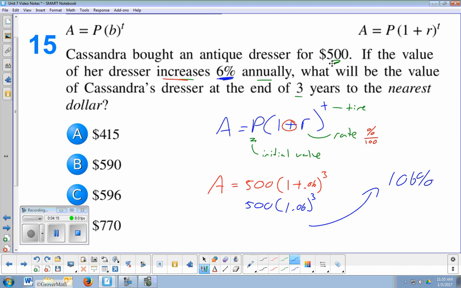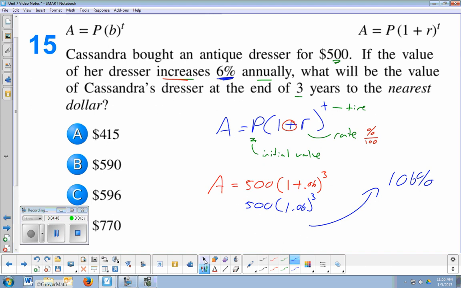If it was $500, 100% of that is $500. So if it wasn't changing at all, it would stay at 100%. But if it's increasing by 6%, then it's going to be 106% of what it was. So that's why that is like that.